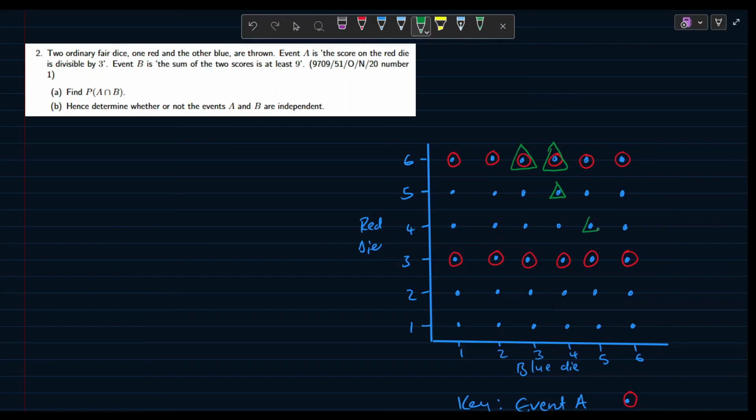Alright, let's go into the next column. We've got 5 plus 4, that's 9. 5 plus 5, that's 10. 5 plus 6. And then the final column, we're going to have 6 plus 3, that's 9. Then we've got 6 plus 4, 6 plus 5, and 6 plus 6.